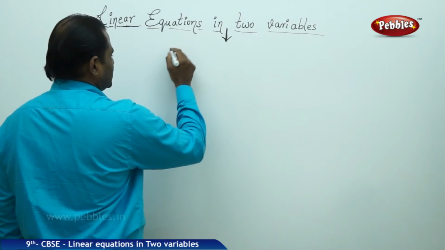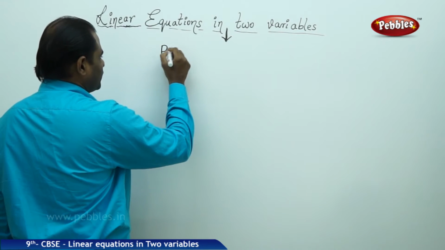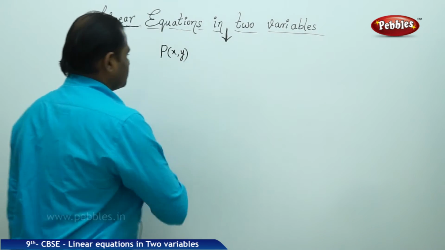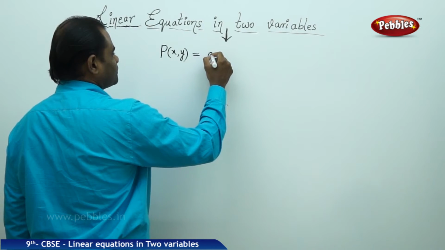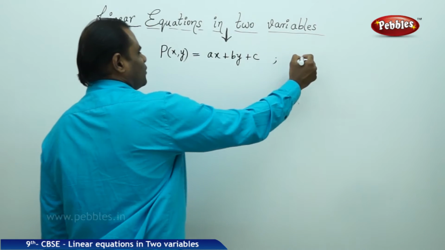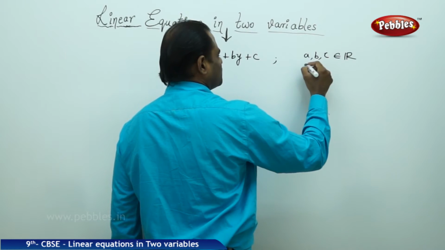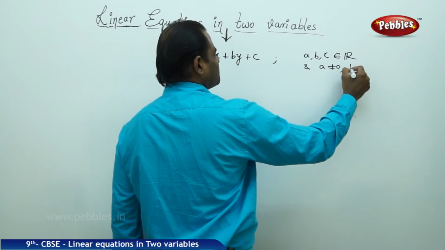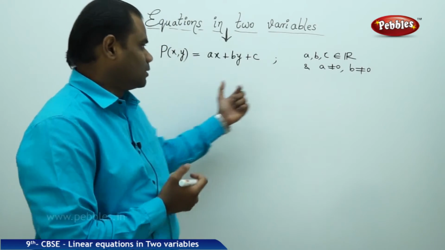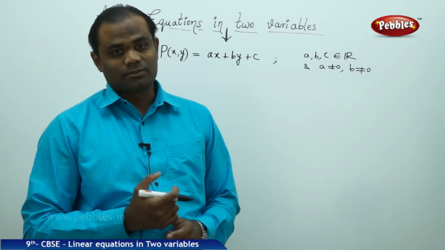Let's recap with the linear polynomial, which is defined as follows: a polynomial p of x comma y is said to be a linear polynomial in two variables x and y if it is equal to ax plus by plus c, provided all the constants a, b, c belong to R and a not equal to 0 and b not equal to 0.